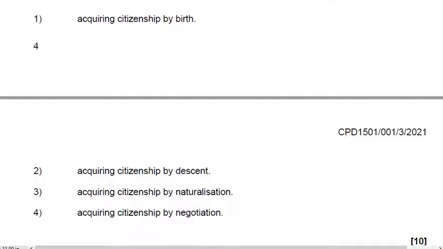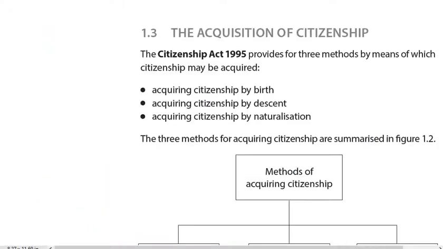Let us go to our study guide. Page 6 of our study guide says the acquisition of citizenship. The Citizenship Act 1995 provides for 3 methods by means of which citizenship may be acquired. The first one, acquiring citizenship by birth, which we have in our options on our tutorial letter.